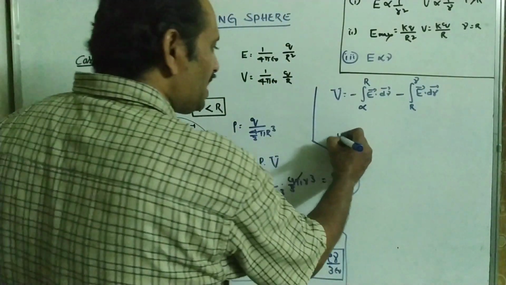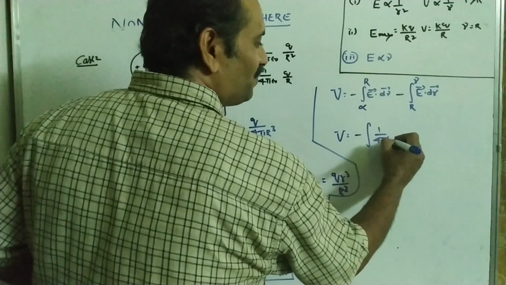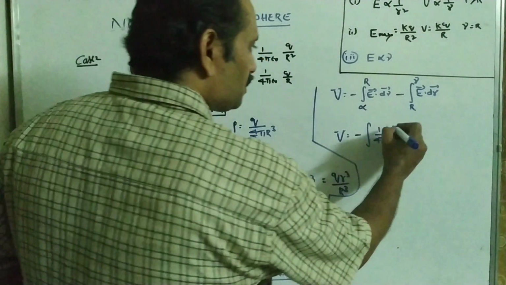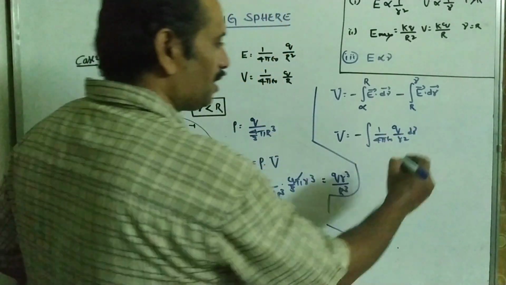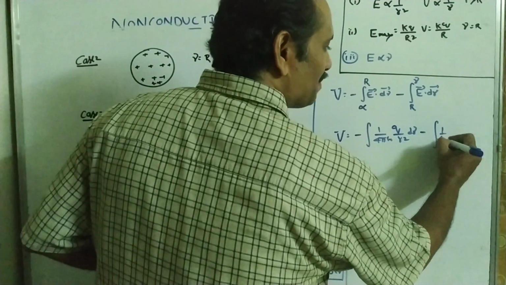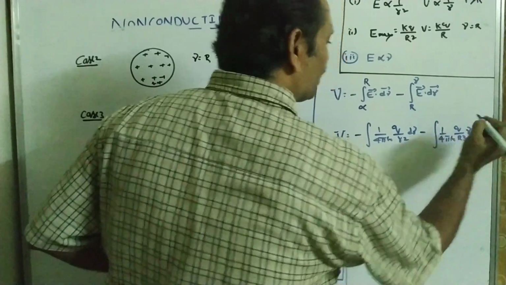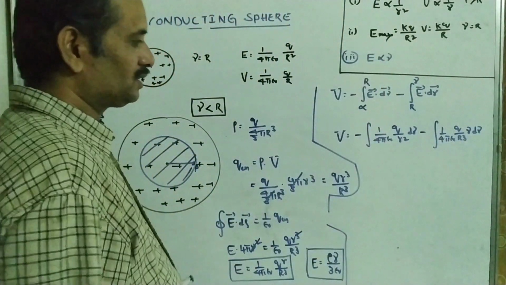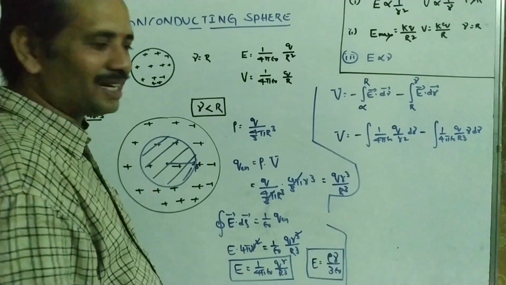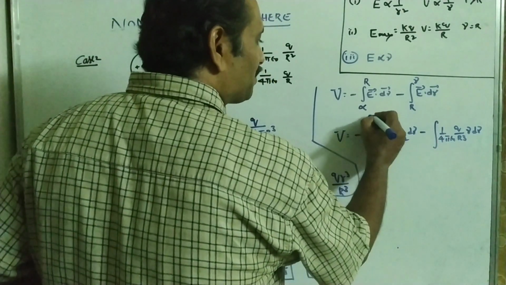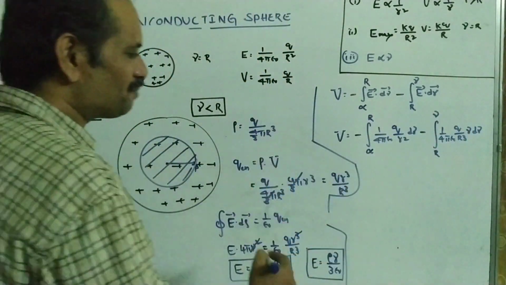Then V equals minus integral E bar dot dr bar: 1 by 4 pi epsilon 0 q by r square into dr is the outside field, and 1 by 4 pi epsilon 0 q by R cube into small r dr is the inside field. Here the limit is infinity to capital R, here capital R to small r. Nothing else, integration part only.